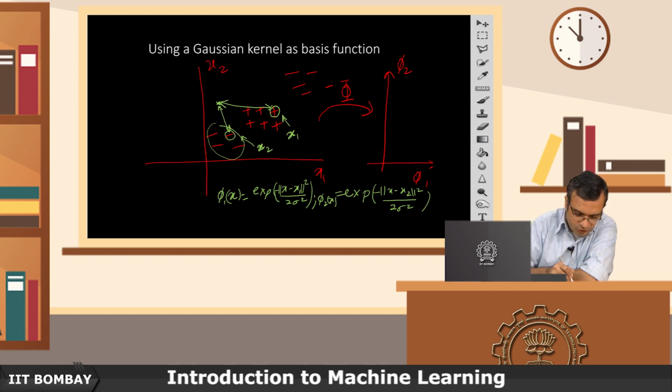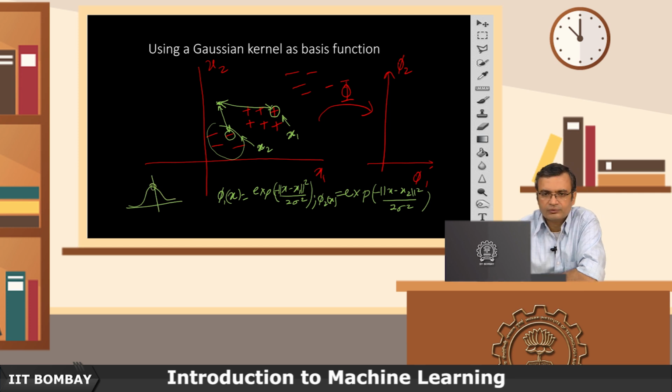Okay. So why? Because when your distance is small, your Gaussian kernel will give you a high value. So these points will fall somewhere here. Okay. And they will have a low phi 1 because they are far away from the x1. Okay. On the other hand, these points are going to have a high phi 1 and a low phi 2. So these points will fall here.